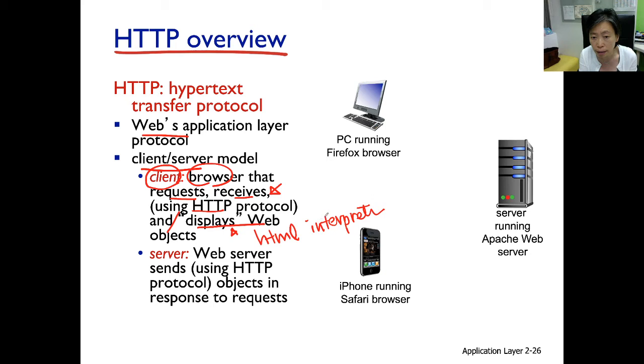So you see here, a browser is a combination of the HTTP protocol client side and an HTML interpreter. The interpreter interprets the HTML page because there are some markups around. Based on the markup, the interpreter will know how to display a web object so that it appears properly and nicely.